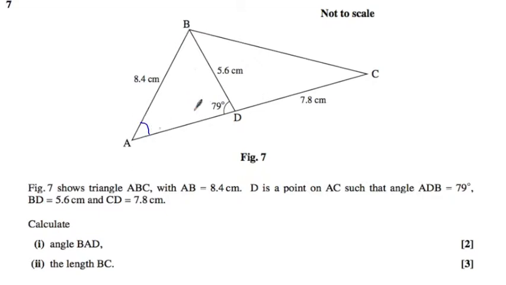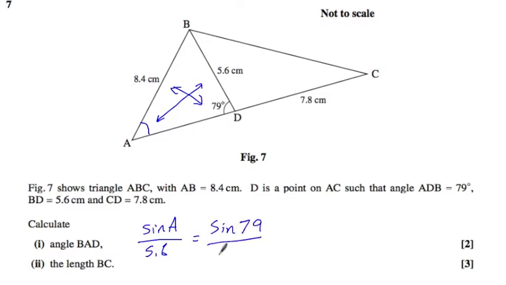Okay, so I'd look at this and think, well, we've got an angle-side pair that match up, and we've got one opposite the angle we want, so we can use the sine rule. So as we're finding an angle, we can say sine A over 5.6 has got to equal sine 79 over 8.4.